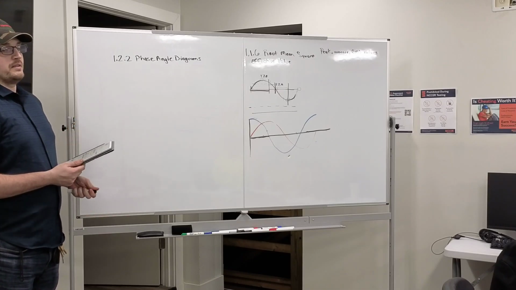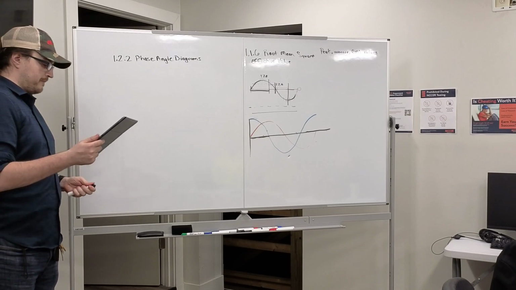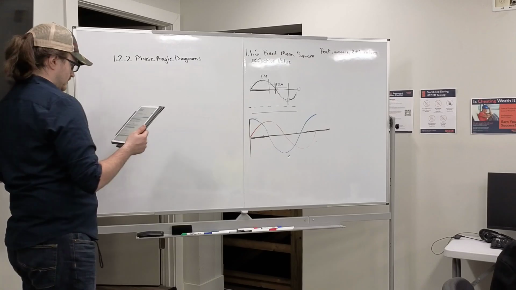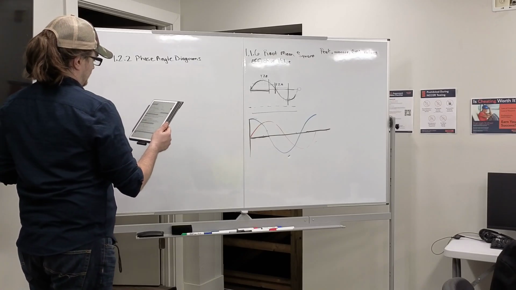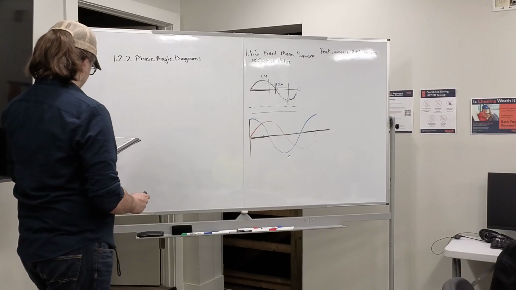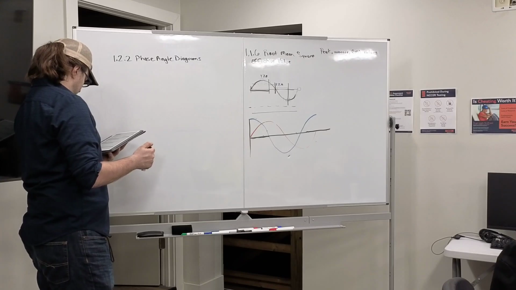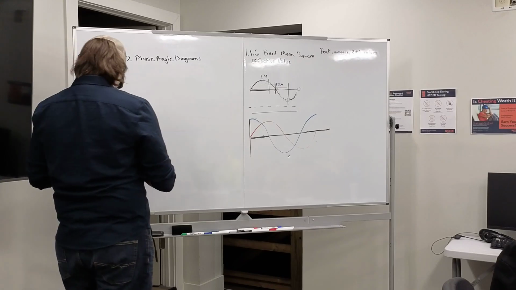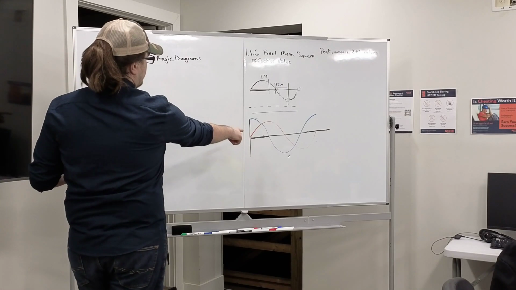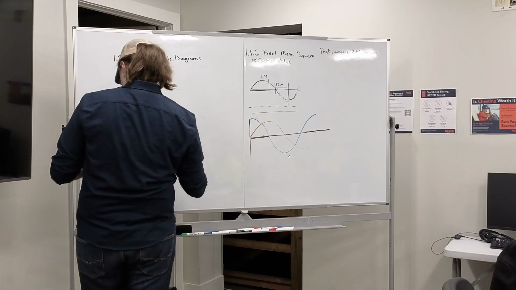Is speed a vector? No, because it only has a magnitude. That's the difference between the speed of something and the velocity of something. I already showed you the vector diagram for that, so now we have the one you were looking at.